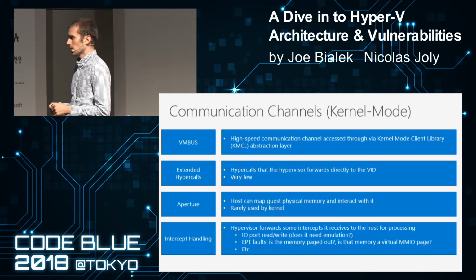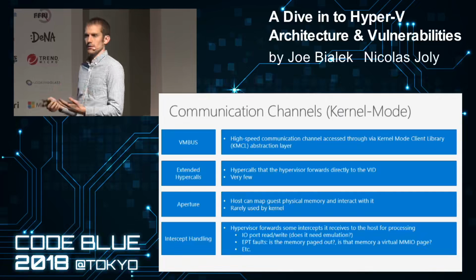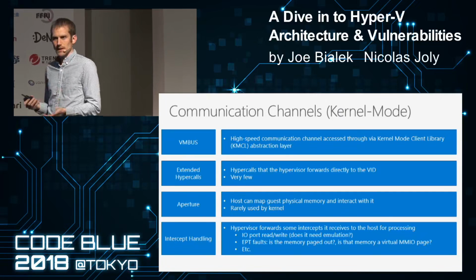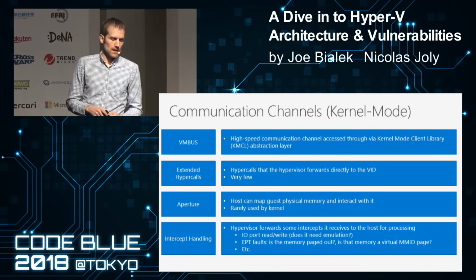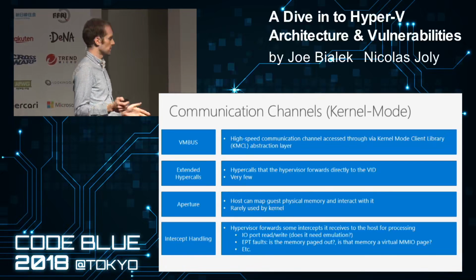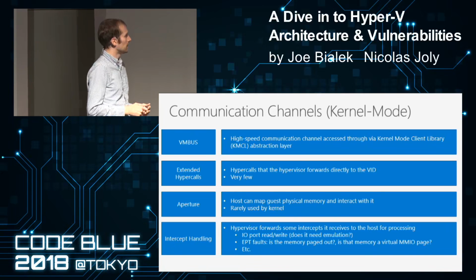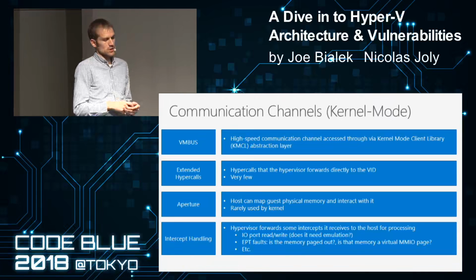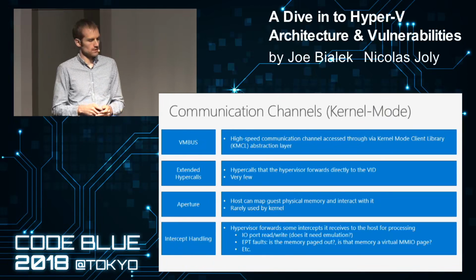An extended hypercall is just a hypercall that the hypervisor doesn't want to handle itself, and it just forwards directly to the vid to handle. There's very few of them, and they're not very complicated, but I just wanted to call it out for completeness. We also have what we call apertures, and I'm going to talk more about that on the next slide because they're really used more by user mode components.